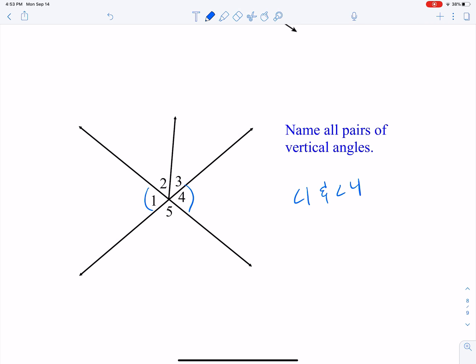We have to just have two angles that are vertical. It has to be a pair. And so if I'm looking at angle 2 and 5, I see one pair of sides form an opposite ray, but these sides do not quite form a straight line. So those are not vertical angles.